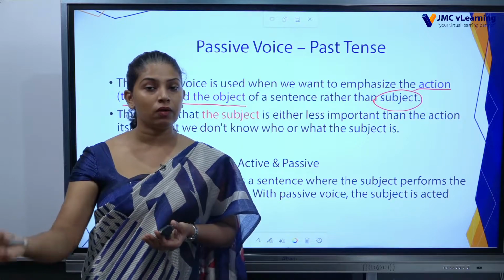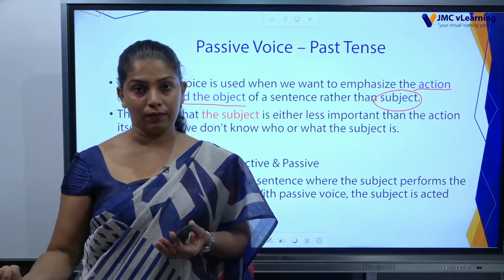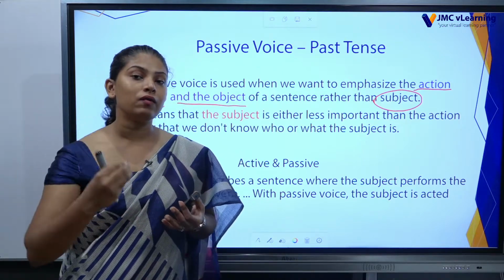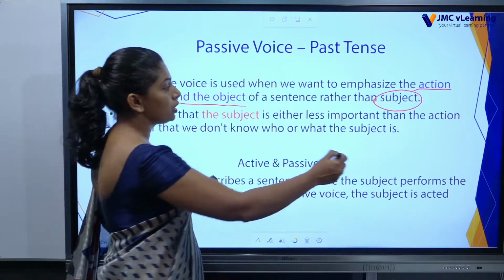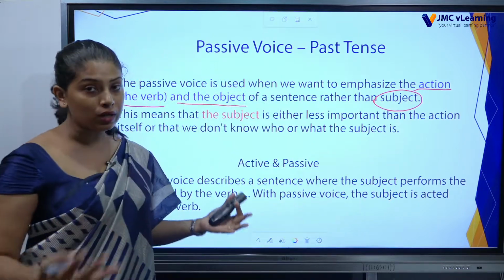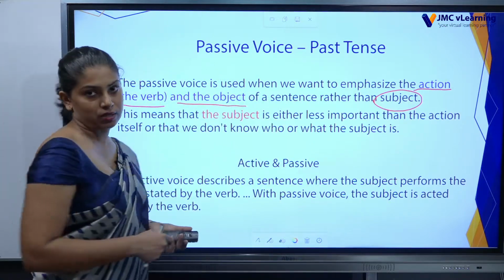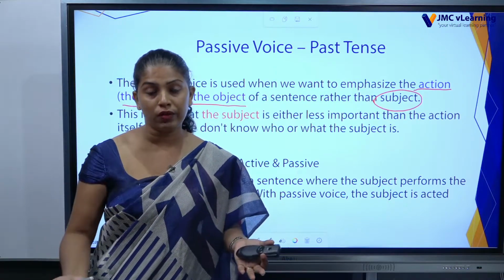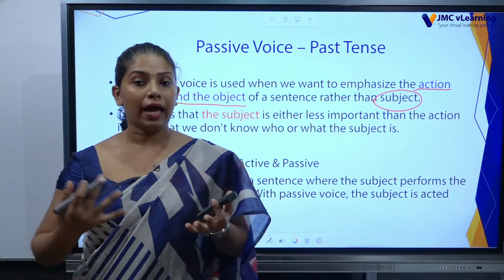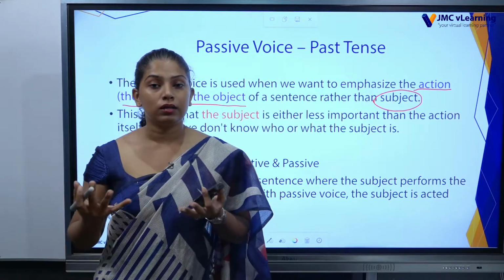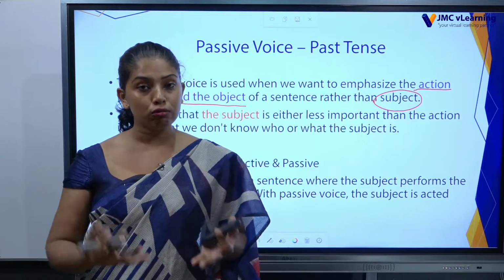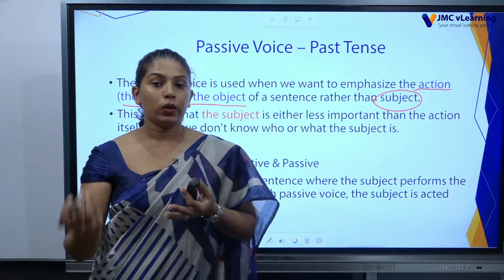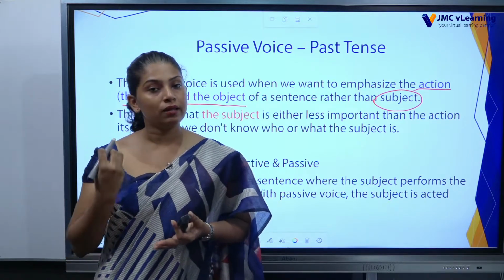That means in the active voice we use the subject as the main thing, but in the passive voice, rather than the subject, we give more importance to the action, or the verb, and to the object. In active voice, the subject is the main thing, the doer who is doing the action. Grammatically we call that the subject.